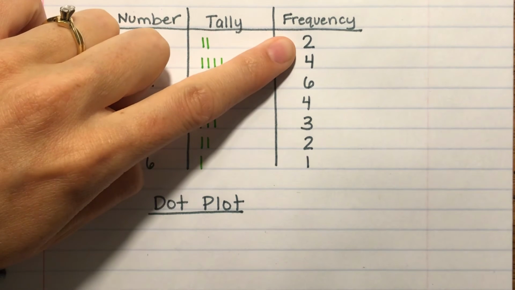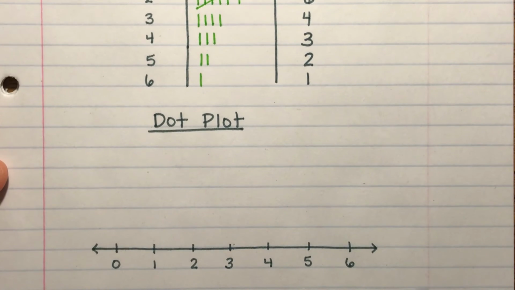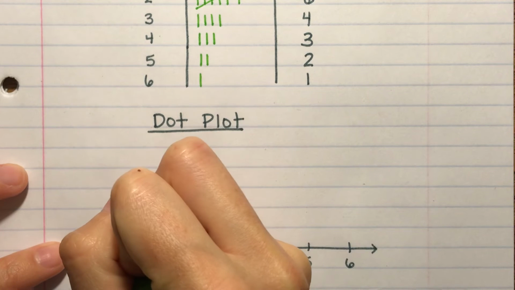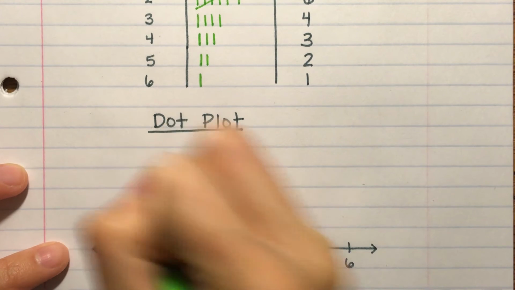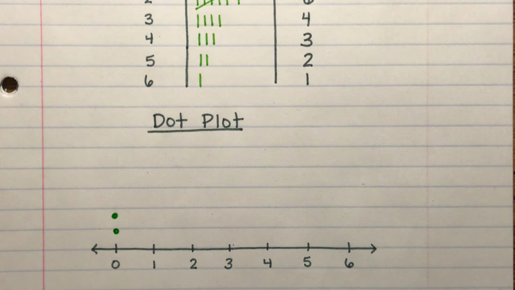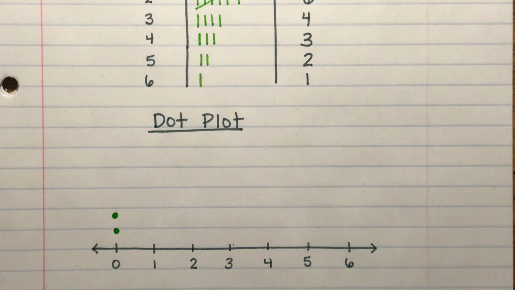We said we saw 2 zeros in our list. So I'm going to come back down to my number line, and above the number 0, I'm going to put 2 dots. I'm stacking them on top of each other to show that there are 2 of them that show up.